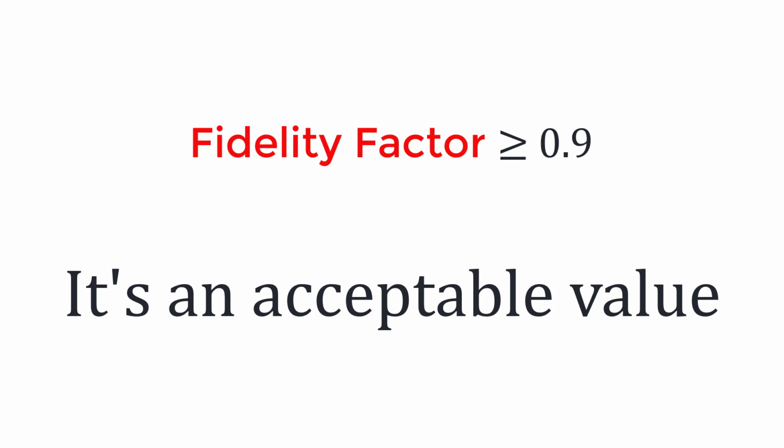The ideal case is if we have one. But practically, in measurement we cannot find one, so we assume that if we have 0.9, we can talk about an acceptable fidelity factor for transmission for this antenna.